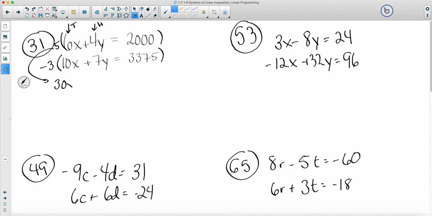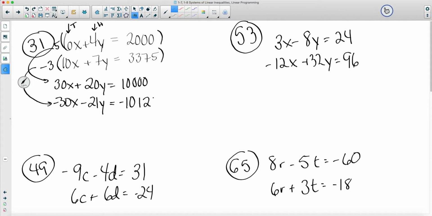So 30x plus 20y equals 10,000. Right, 5 times 2 is 10, and we got 3 zeros behind it. The next one, I'm going to rewrite down here. So negative 30x minus 21y is going to be equal to, and that one you might need your calculator for, negative 10,125.